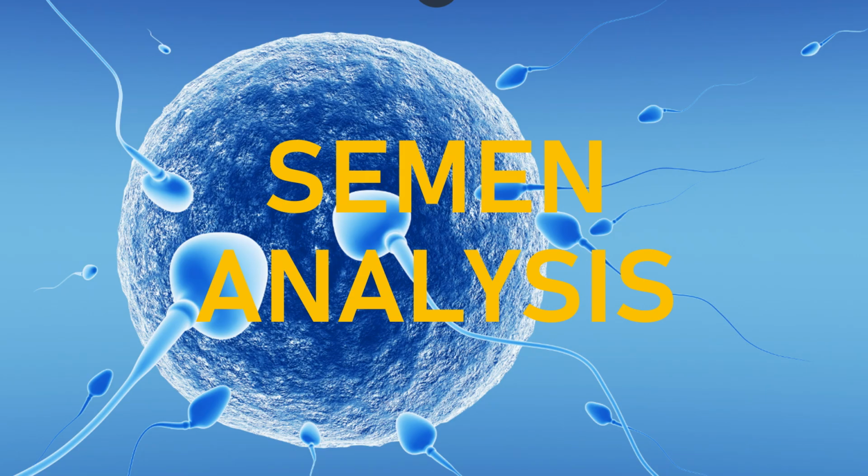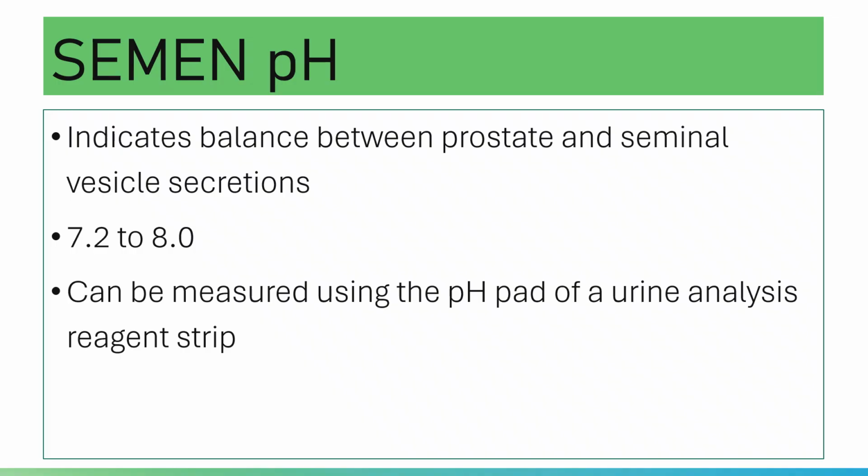Examples are the tests for follicle stimulating hormone, luteinizing hormone, and testosterone. These tests are performed to assess possible endocrine abnormalities that cause infertility.